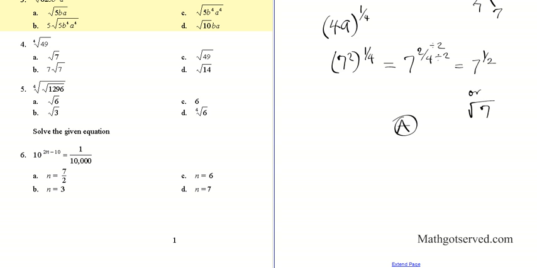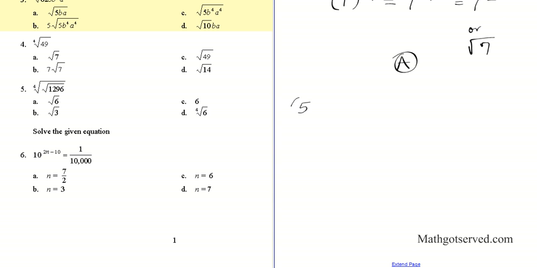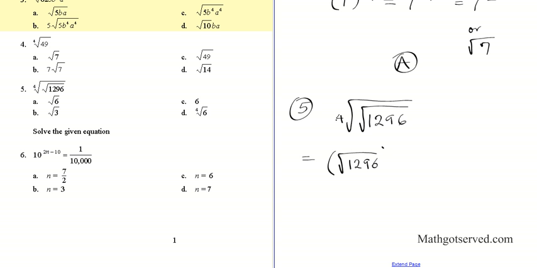Alright, moving along to number 5. Number 5, we're supposed to find the 4th root of the square root of 1296. Using the nth root property of exponents, I can express this 4th root as a fractional exponent, namely the square root of 1296 raised to the 1/4.